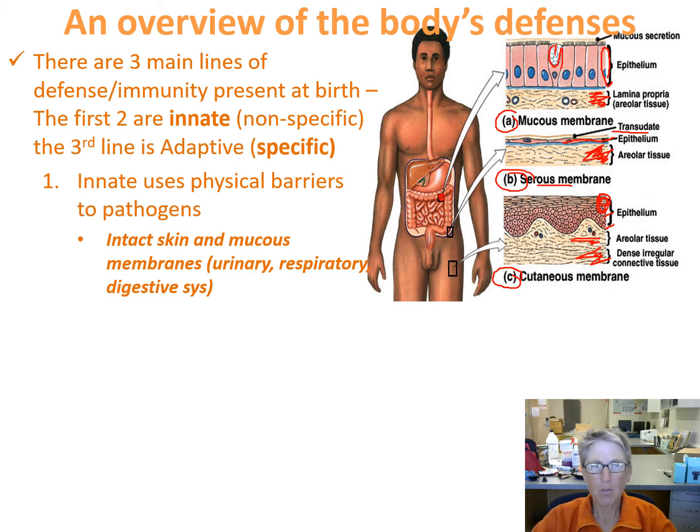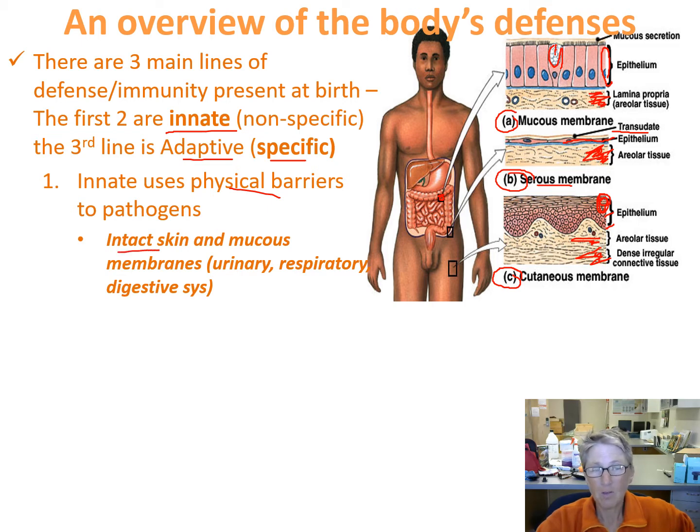So in general, at birth, you have three main lines of defense present for you. The first two lines of defense are innate or nonspecific. The third line of defense is adaptive, also called specific. The innate or nonspecific immune system uses physical barriers against pathogens.